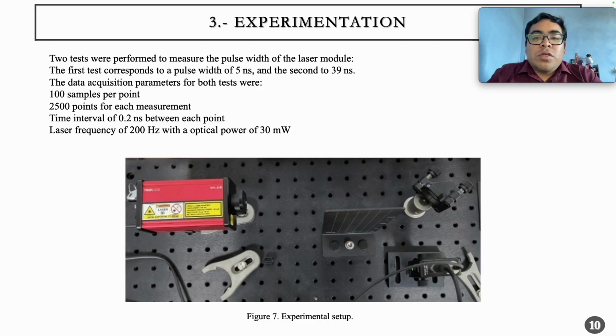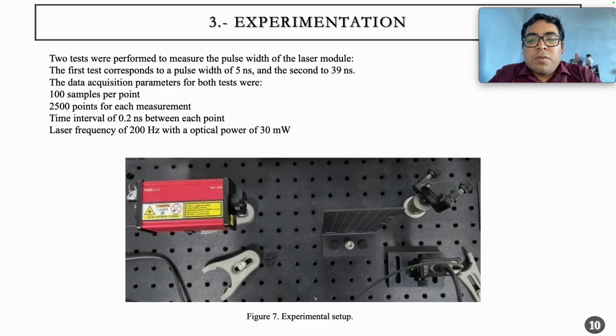For the experimentation, two tests were performed to measure the pulse width of the laser module. The first test corresponds to a pulse width of 5 nanoseconds, and the second to 39 nanoseconds.